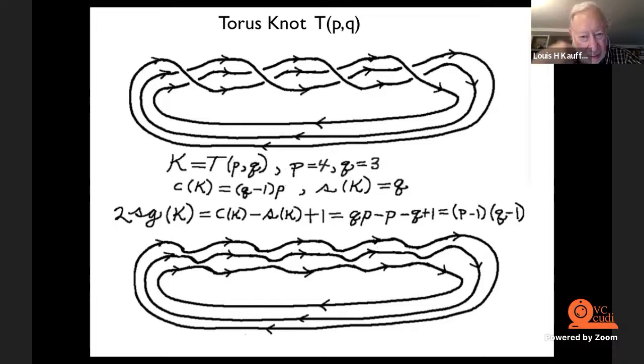And you can check in general for a PQ torus knot, P times around one way and Q times around the other way, that the C of K minus S of K plus 1 is equal to P minus 1 times Q minus 1. So we get that the reconnection number is the product of P and Q divided by 2, which in this case is 6. So this has reconnection number 6. And we know the reconnection number in general for torus knots.